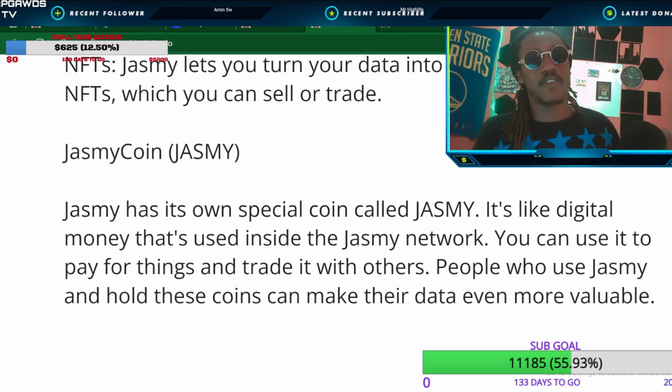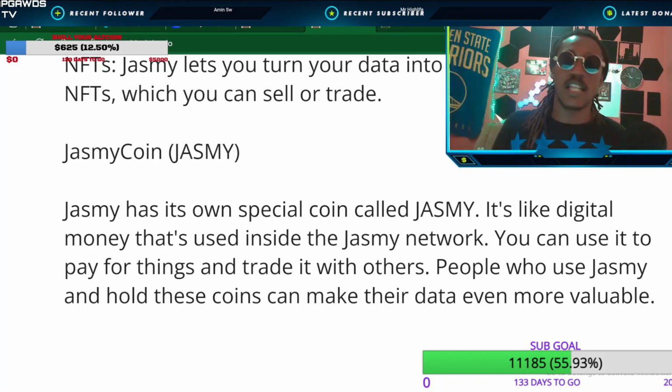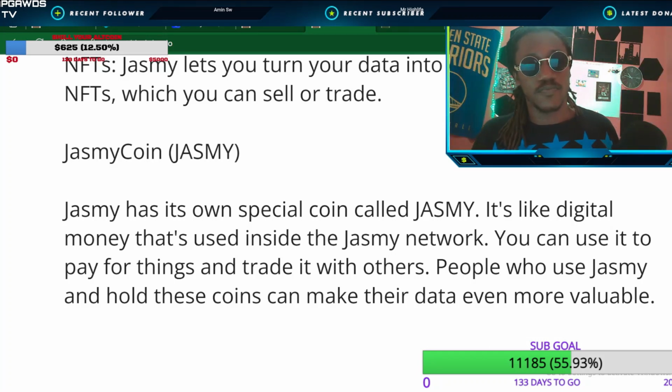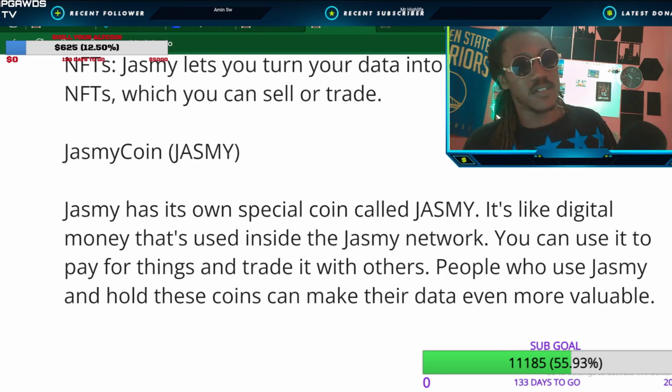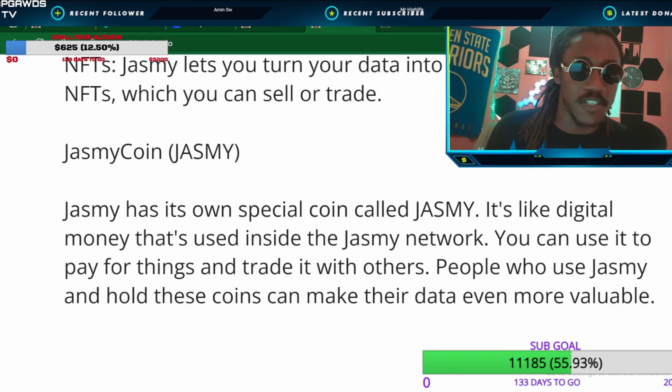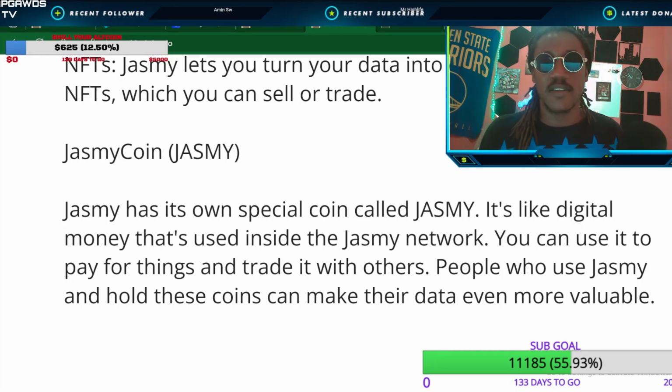So that's how the Jasmy coin is being utilized, and the more and more people buy Jasmy or interact with the ecosystem, the more and more unique the Jasmy coin becomes, to where you can see billions of dollars pour into Jasmy because AI needs data. These metaverses need data. Everything needs data.